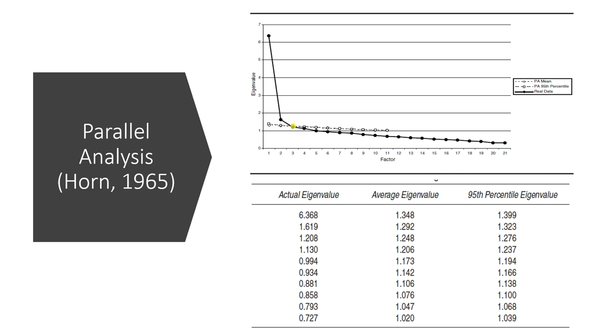Therefore, this third component is not meaningful, so we will not retain the third factor. So this is parallel analysis. This parallel analysis in this example is also suggesting to retain two factors.